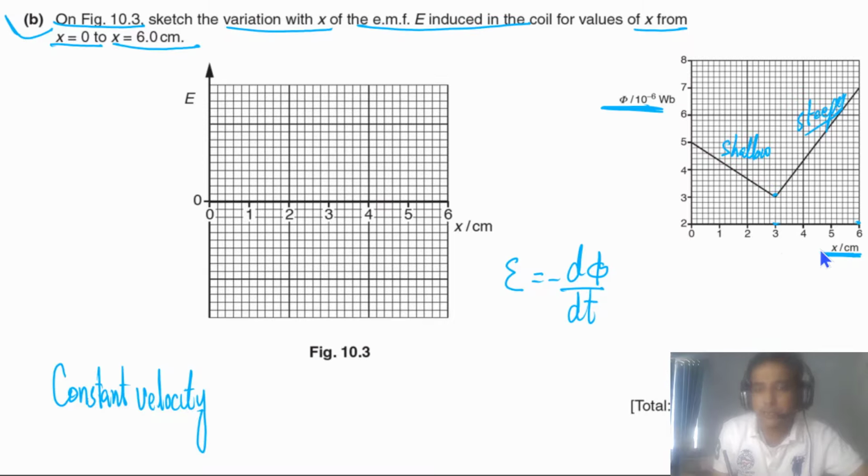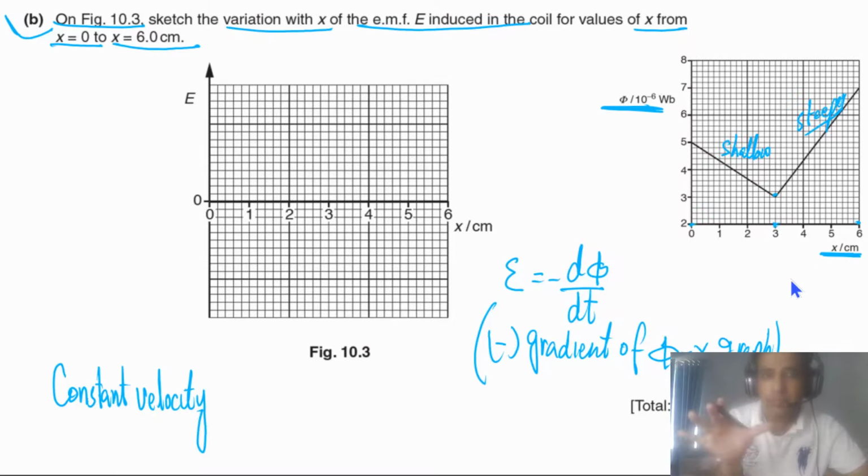Time taken from 0 to 3 centimeters is the same as time taken from 3 to 6 centimeters. So simply the negative gradient of the phi-x graph is equal to EMF, because x is the same, speed is the same, so time taken is also the same.